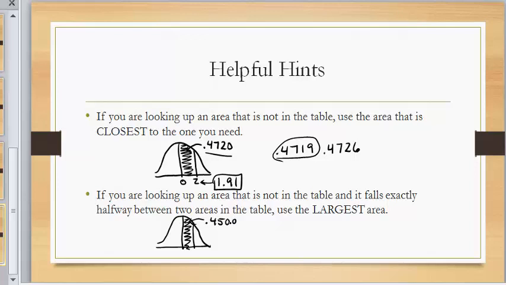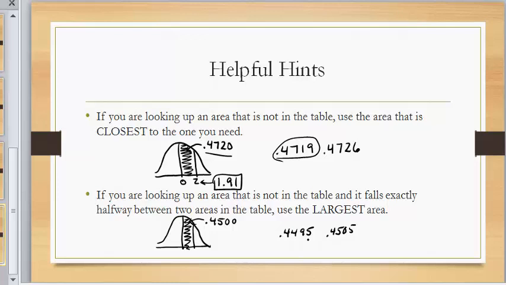And so we go into the middle of our table looking for .4500, and we see .4495. And then the next one in our table is .4505. And so if you note, the .4500 is going to sit right in the middle between those two areas, and it's not going to be closer to either one.